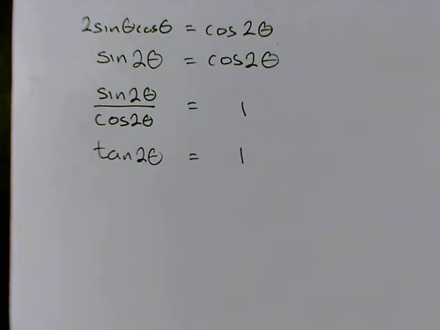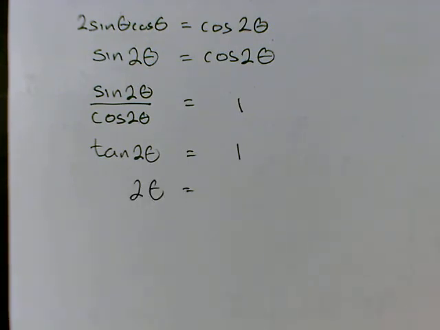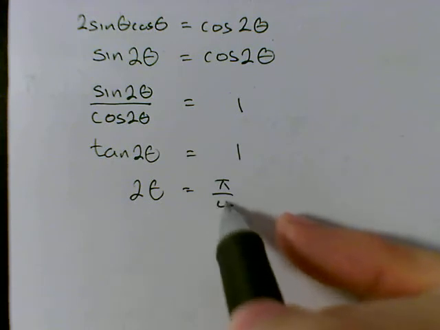All right. Using your special triangles, there is one point, at least within 90 degrees or within pi over 2, where tangent equals 1. Pi over? Take a guess. 3, 4, or 6? Pi over 4. Good.